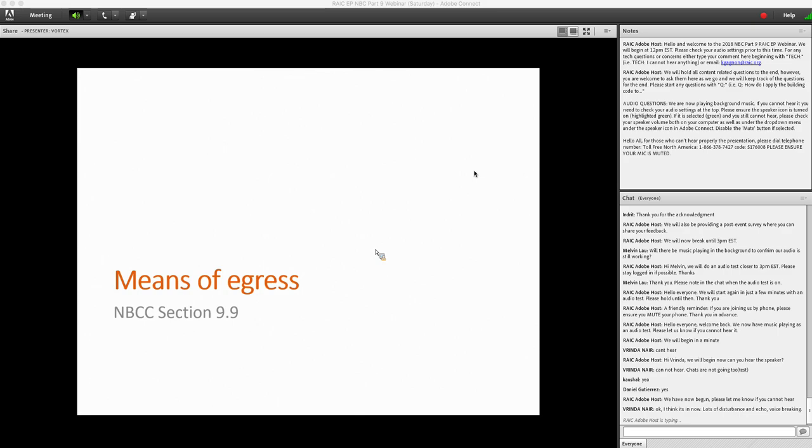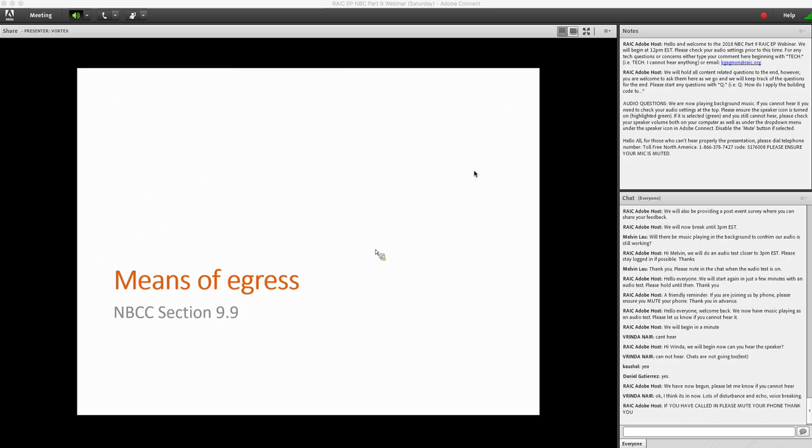So we will be covering section 9.9 of the National Building Code of Canada, and this section mainly discusses the applicable requirements for means of egress, or the requirements that are put in place to ensure that occupants can safely evacuate a building in the event of a fire.